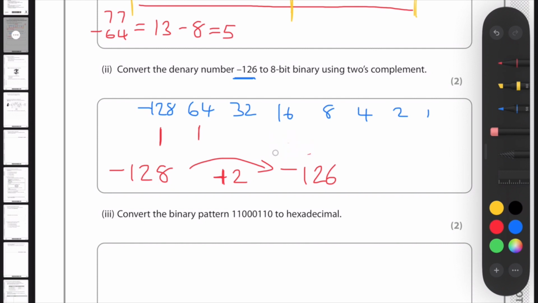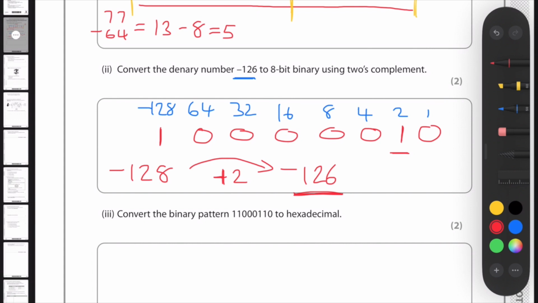So basically what that means is, if I go 0, 0, 0, 0, 0, 1, 0, basically I've added plus 2 to minus 128. I've gone up the number line and I have now got minus 126. Okay, and that is the negative representation.